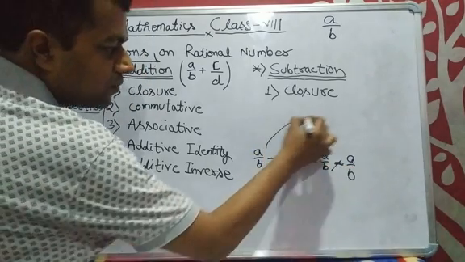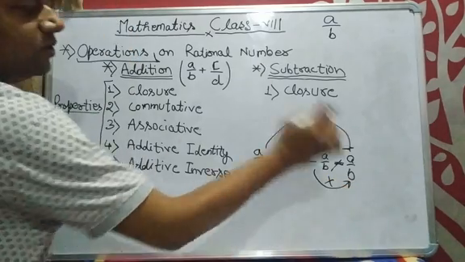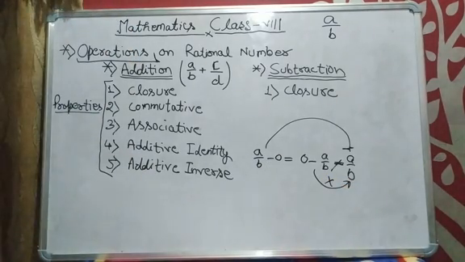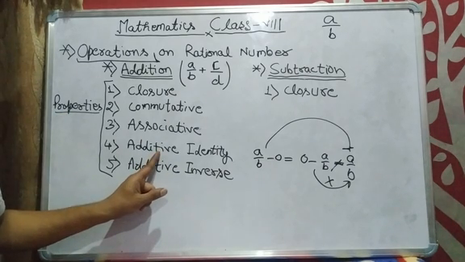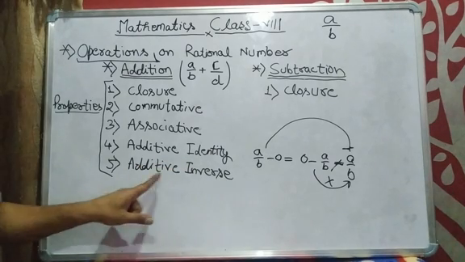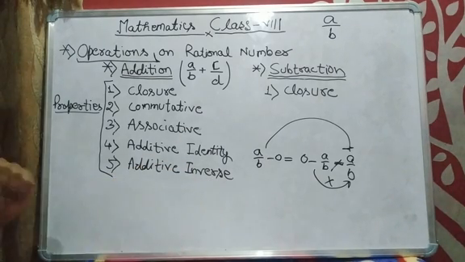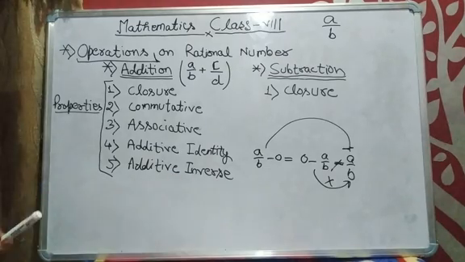Actually, this one is possible, but this one is not. So there is no subtraction identity. Additive inverse is there for addition, but no subtraction inverse will be there.